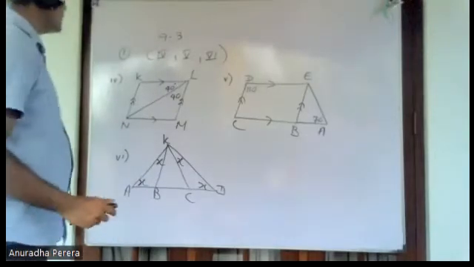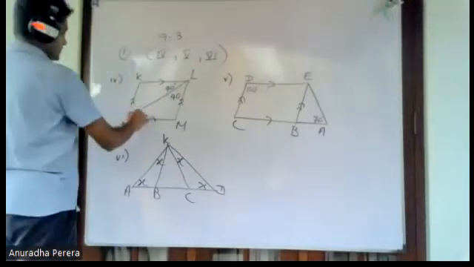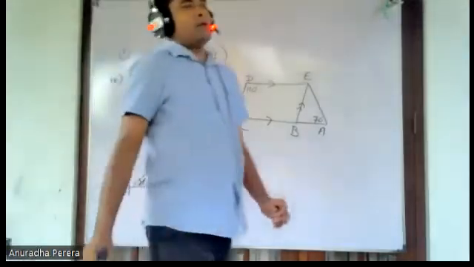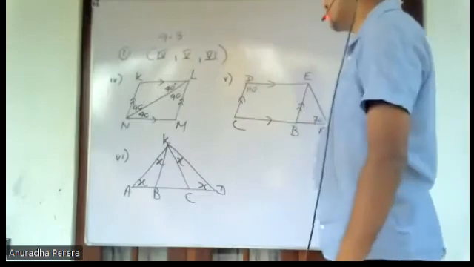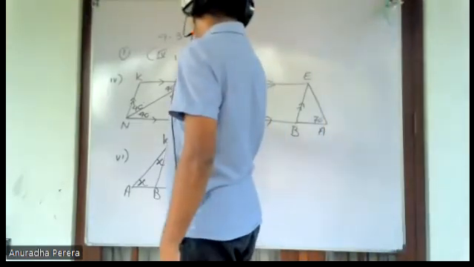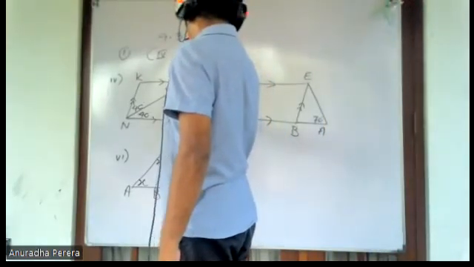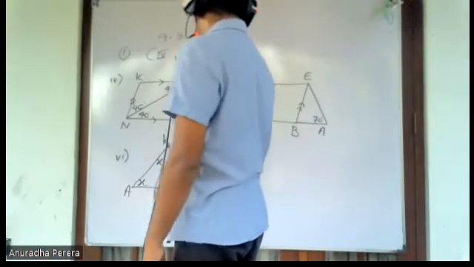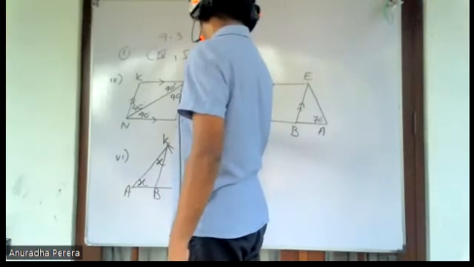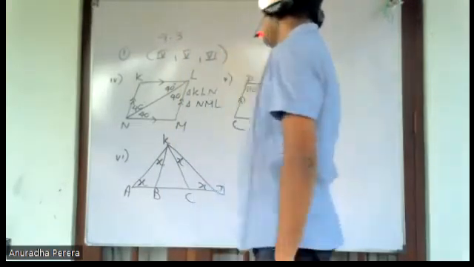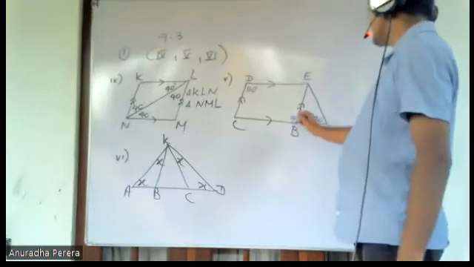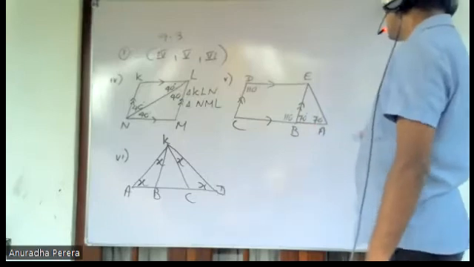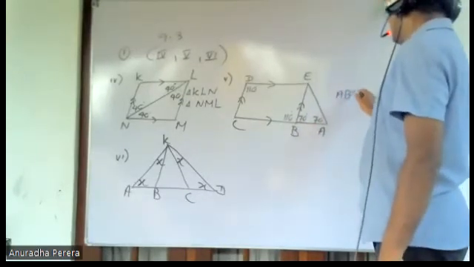And you can see this is also 40, according to the alternate angles. Then KLN is an isosceles triangle and triangle NML is also an isosceles triangle. This one is 110, so this is 70. Now you can say ABK is an isosceles triangle.